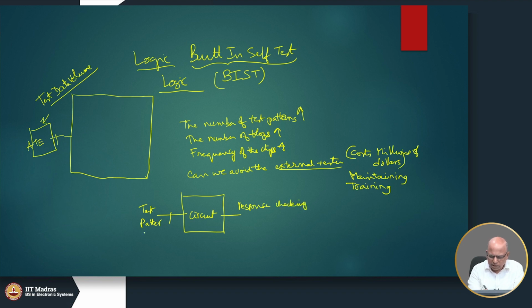So, we should generate a test and then we should know how the good circuit will respond. For example, I might say I need to apply 1100 and a good circuit will produce a 101, but a faulty circuit may produce something else. So, we need both.